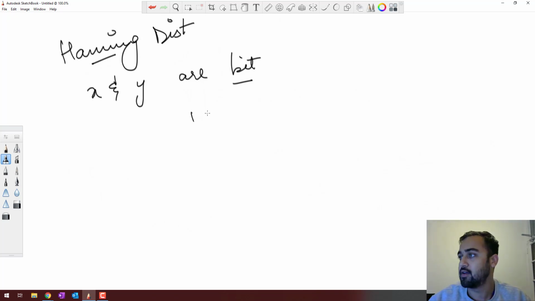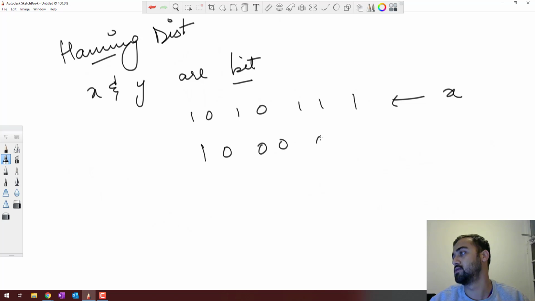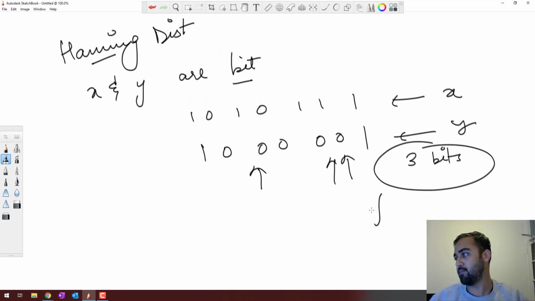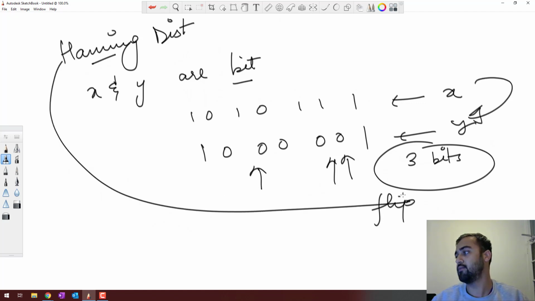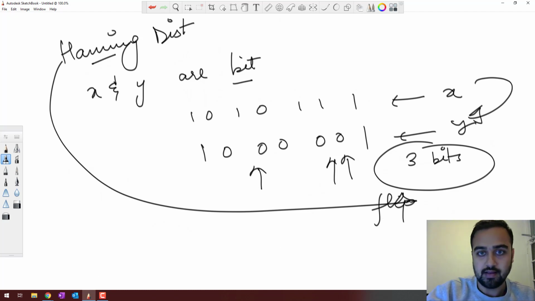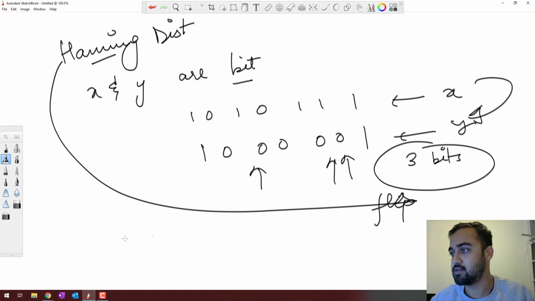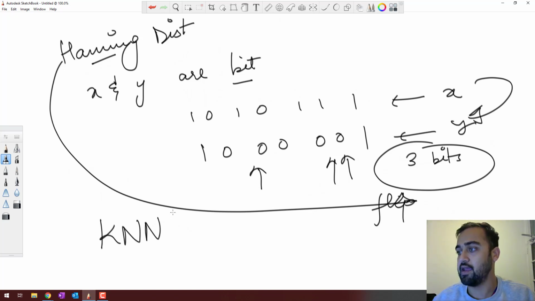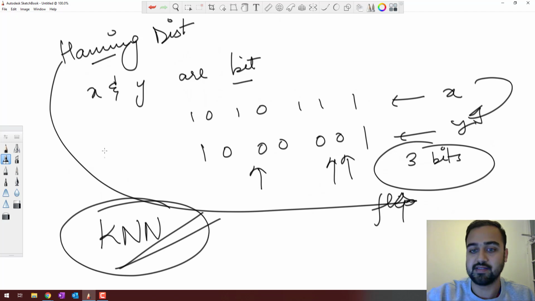So if you have 1 0 1 0 1 1 1 as, let's say, x, and y is 1 0 0 0 0 0 1, you need to flip 3 bits to convert x to y. Therefore the Hamming distance would become 3. Now that brings us to the concept of K-nearest neighbors.